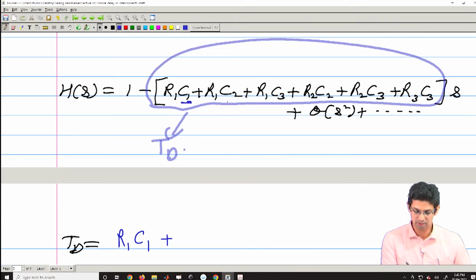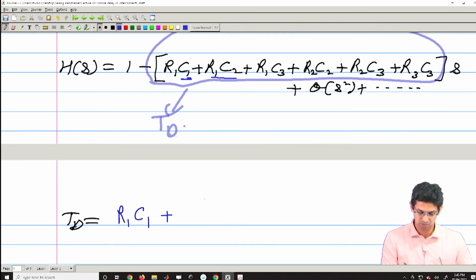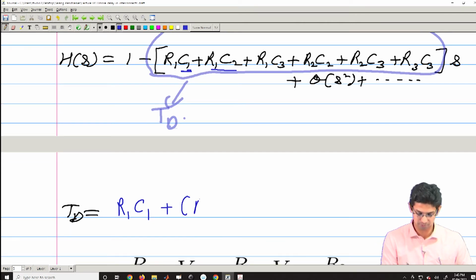Then with C2, let us see how many terms are there. So, with C2 there is R1 and C2, there is this term, and then there is this term of R2 and C2. However, there is no term of C2 with R3. So, the second term is R1 plus R2 into C2.